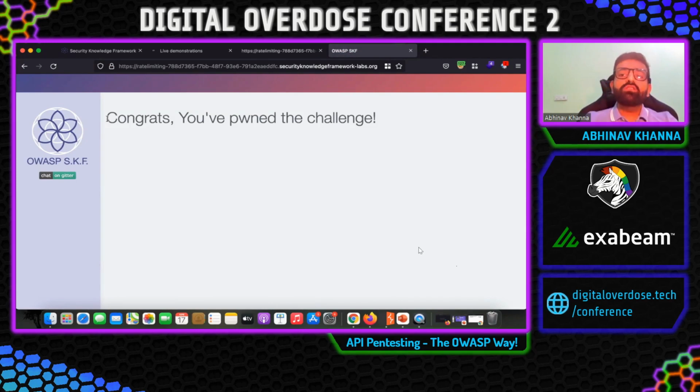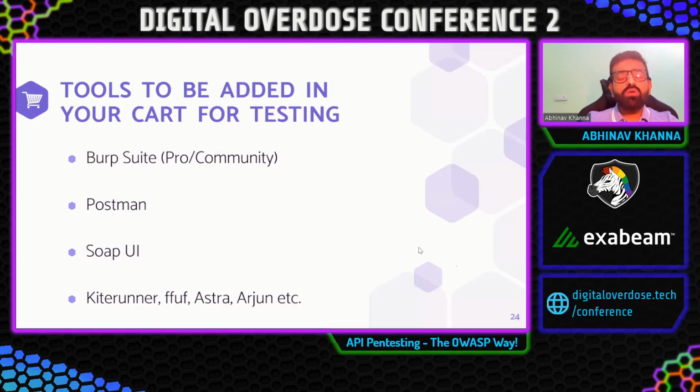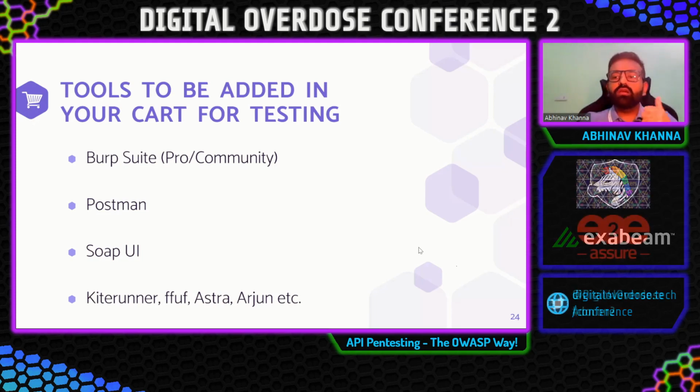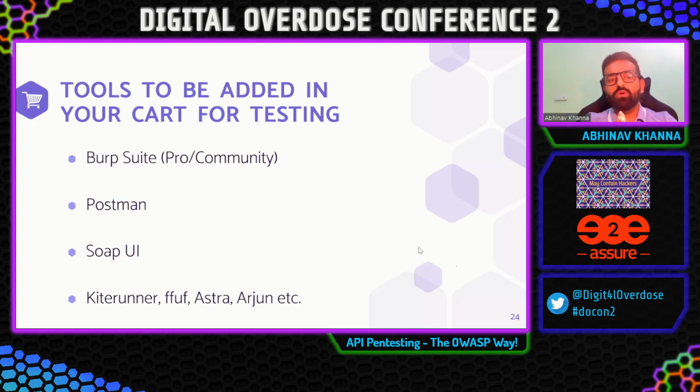All right. So these were a few vulnerabilities that we wanted to discuss today. Now, coming on to the next thing, the tools that can be used for testing. One is Burp Suite, and Burp Suite is one of the most hacker-friendly tools when it comes to dynamic testing. Things like Intruder, Repeater, and Decoder make it the first choice whenever we want to test web applications, mobile apps, or APIs.